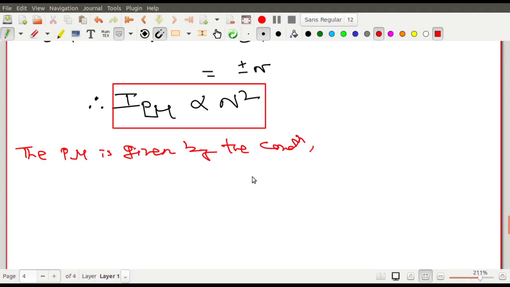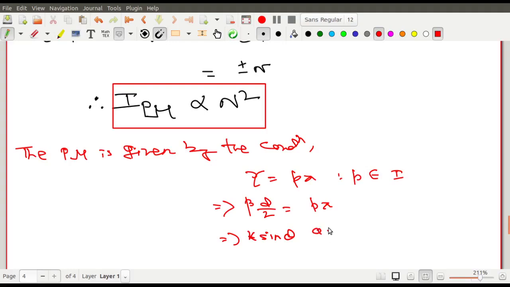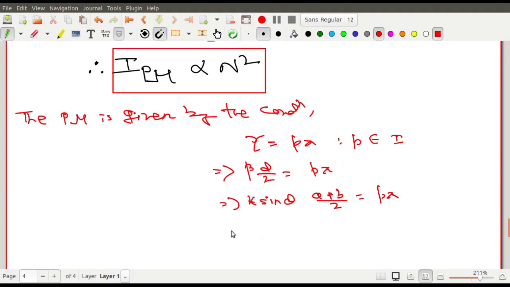What was the condition? Gamma was p pi, where p can take all values. So just proceed with this calculation, a few lines. Gamma was beta d by 2, this will be p pi, if you follow the last class. Beta is k sin theta, d is a plus b by 2, this one is p pi, and k is 2 pi by lambda.